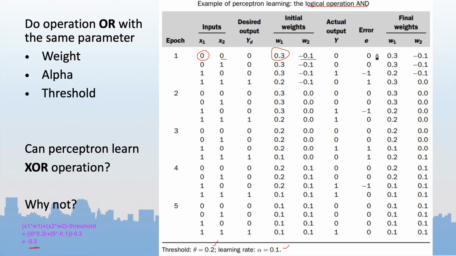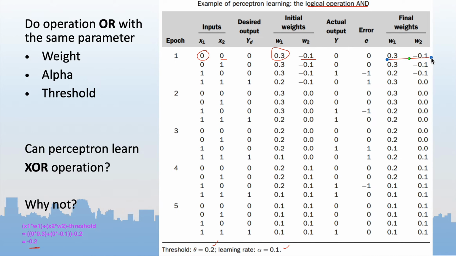From the previous slide, we learned that if the error value is equal to 0, we don't have to adjust the final weights, so they remain the same weights that we initialized at first. So 0.3 stays 0.3, and negative 0.1 stays negative 0.1.